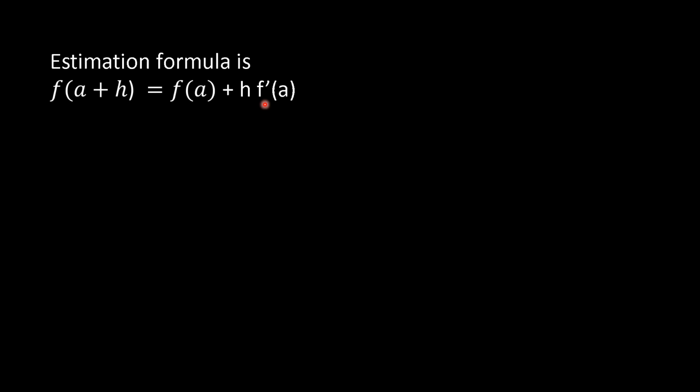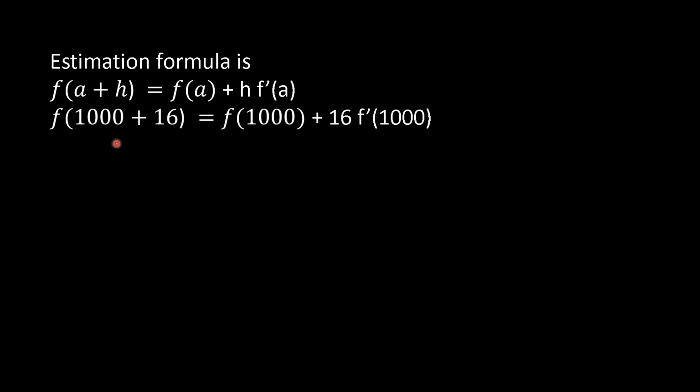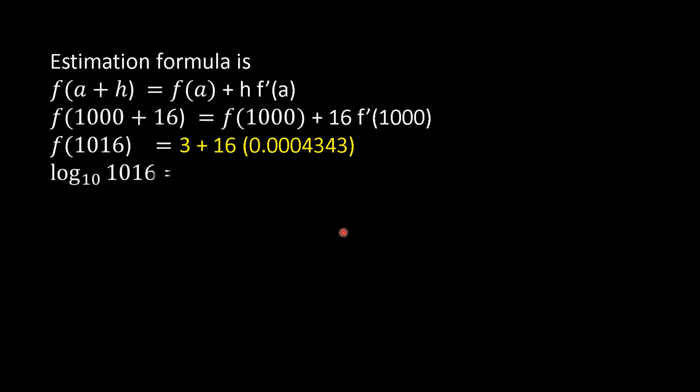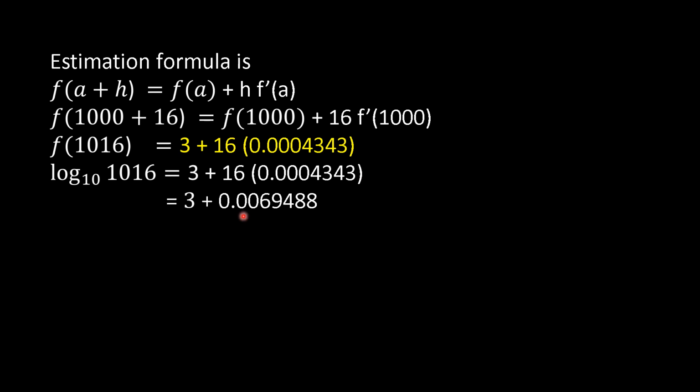Now we will use the estimation formula as f of a plus h equals f of a plus h times f dash a. We will substitute the values. We write f of 1000 plus 16 and it becomes f of 1016 equals 3 plus 16 times 0.0004343. 16 times 0.0004343 becomes 0.0069488.